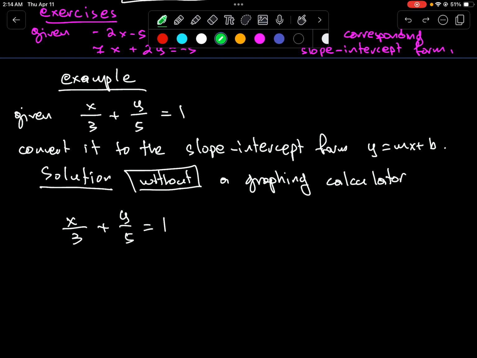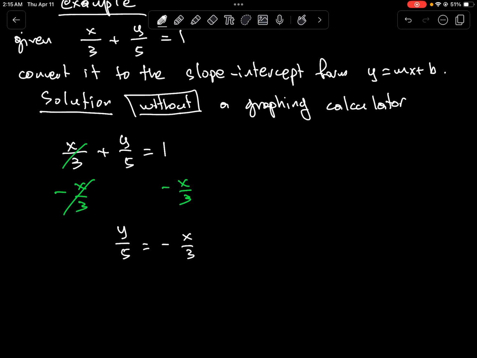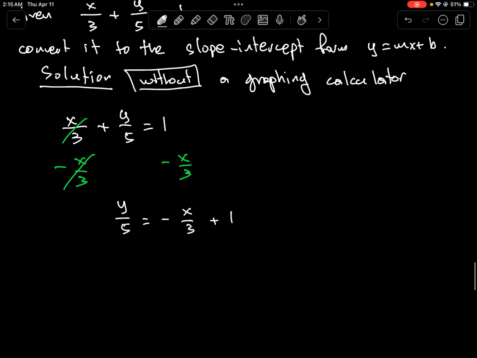And what do I get? I get y over 5 equals negative x over 3 plus 1.